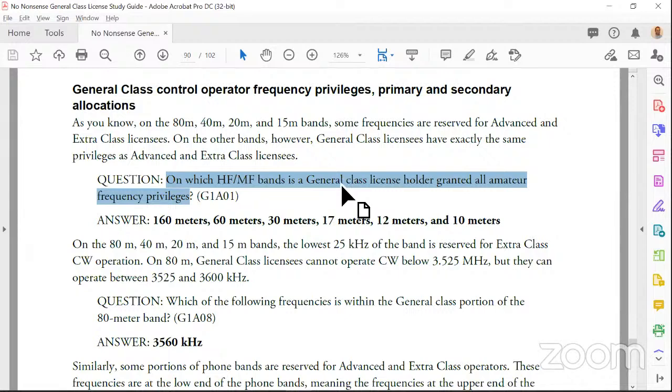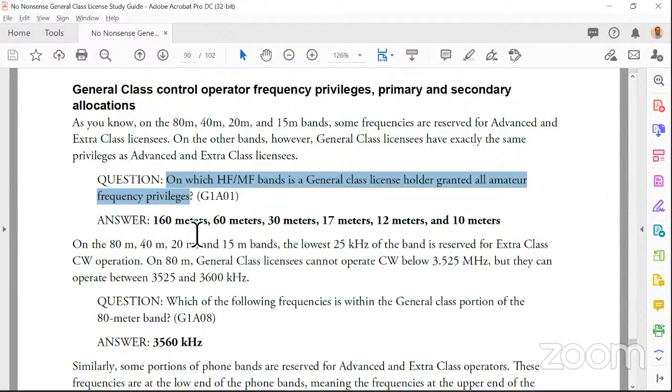Remember, we showed a chart where in some bands, you as a general class don't have access to it. Only advanced class or extra class will have extra pieces of that spectrum, you don't have the full amount of the band. You can only use portions of it. Well, they're asking which of the bands, as a general class, you will actually have all of the band.